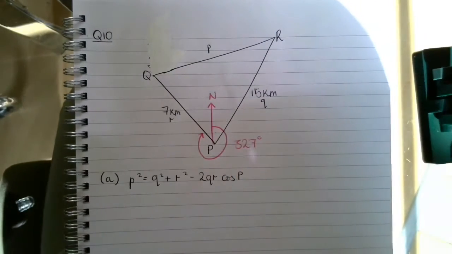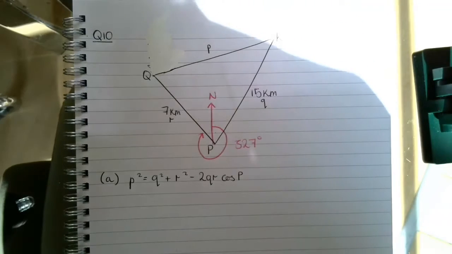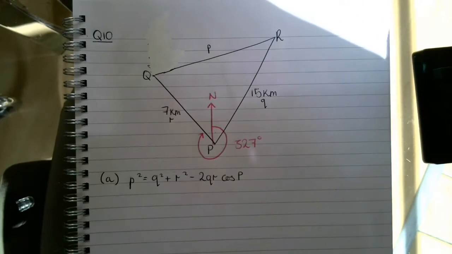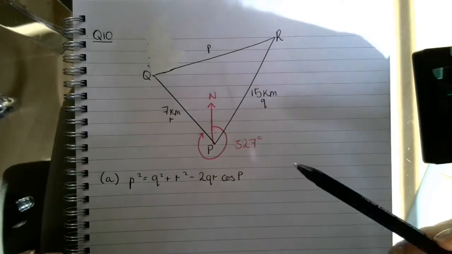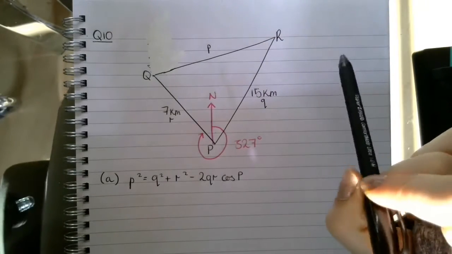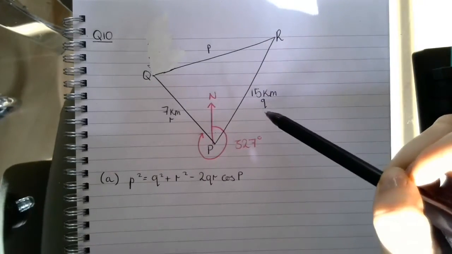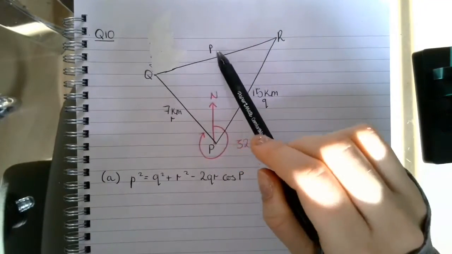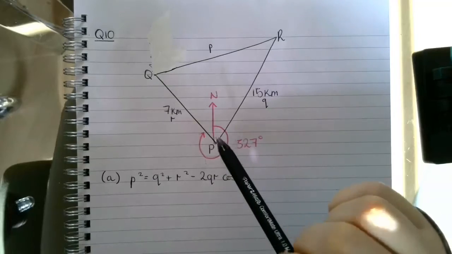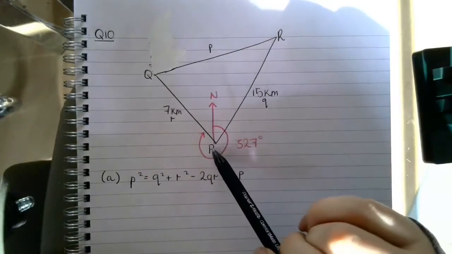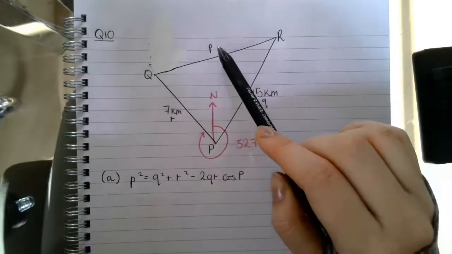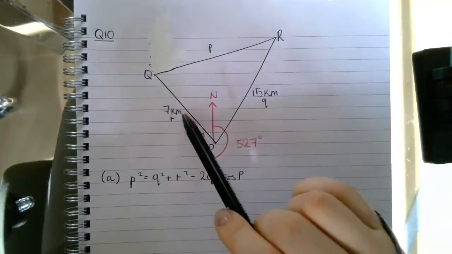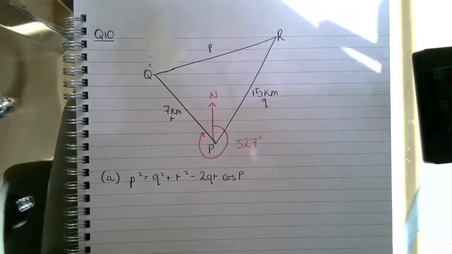Part A is asking us to find the distance between Q and R to 1 decimal place. Now, I have labelled my sides with the opposite side being the lowercase version of what the angle is labelled as. So we've got angle P here, and opposite to that I've got lowercase p, and likewise for r and q.